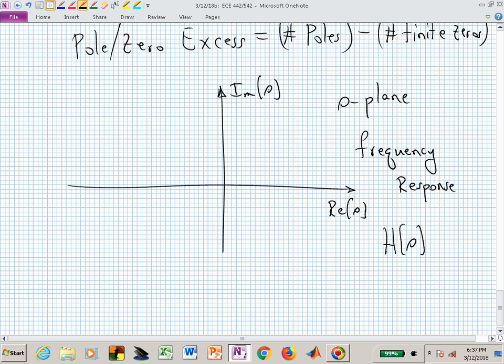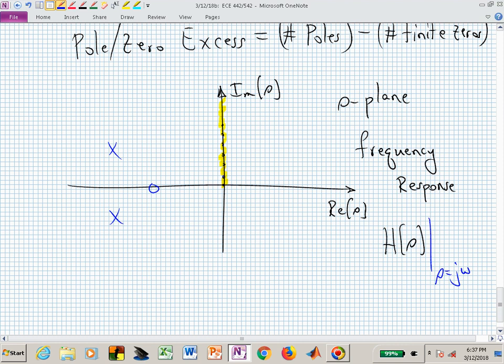H(s) would be represented, let's say, by some poles and zeros, and now I would just walk up this axis to get the frequency response. So I would evaluate this H(s) at s equal to j omega, and that would give me my H(j omega). That's the frequency response for a continuous time system.